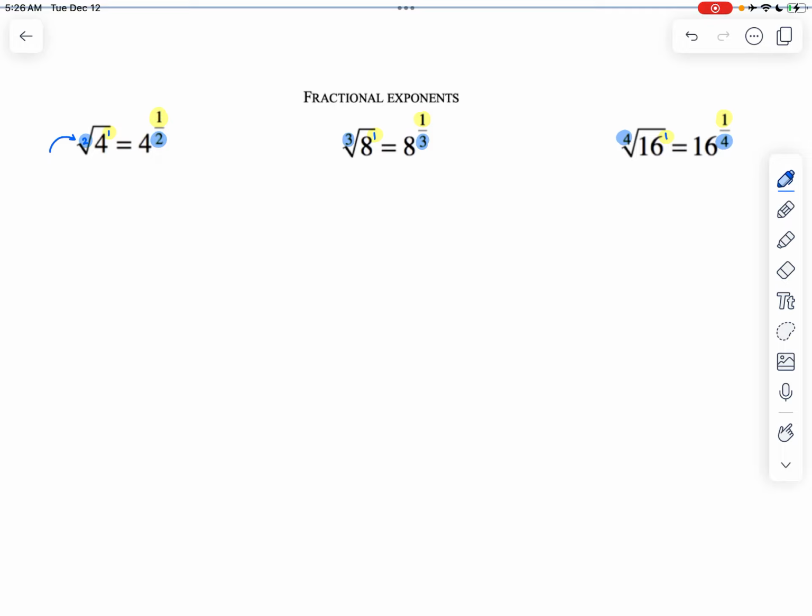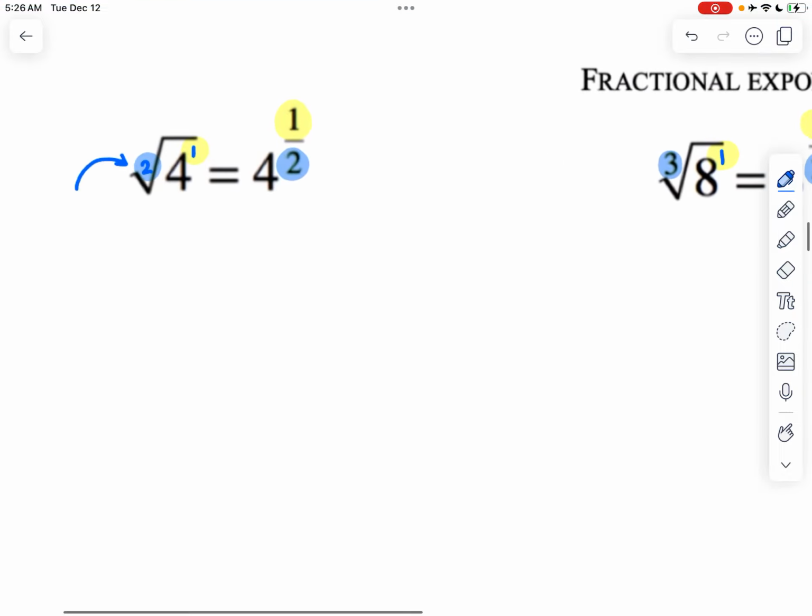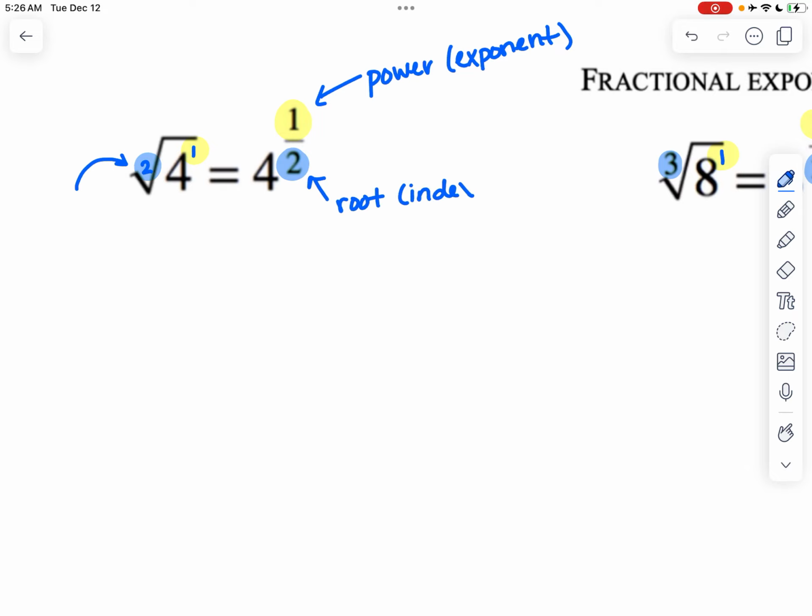And the root, the number that defines the type of radical you're looking at, is the denominator of that fractional exponent. So this is what we refer to, often I'll say power, which is just another word for exponent, over root. And remember, sometimes we'll use the word index. That's another way to describe the number in the hook of the radical.